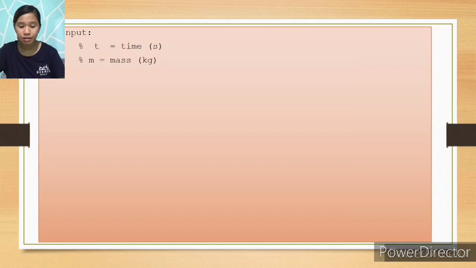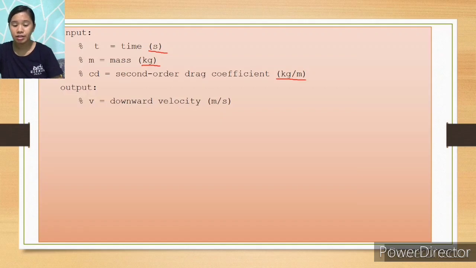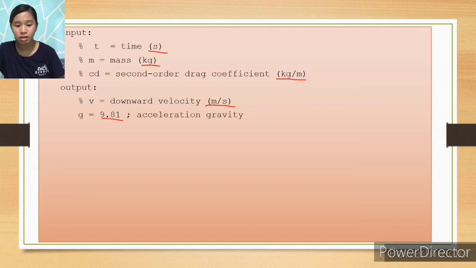So, input: t is time, which has the unit of seconds; m is mass, which has the unit of kilogram; cd is the second-order drag coefficient, which has the unit of kilogram per meter. The output is v, the downward velocity, which has the unit of meter per second. We also have the constant gravity, which is 9.81, the acceleration of gravity.